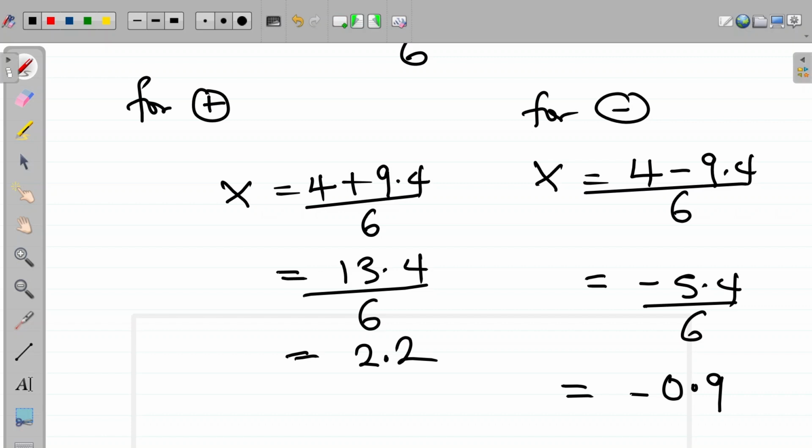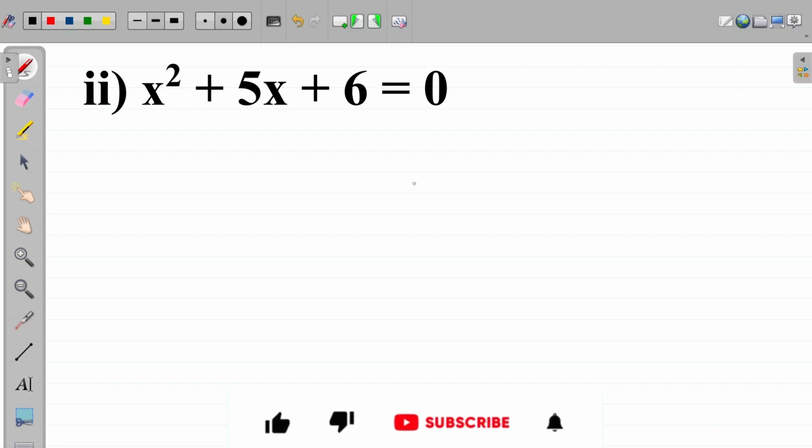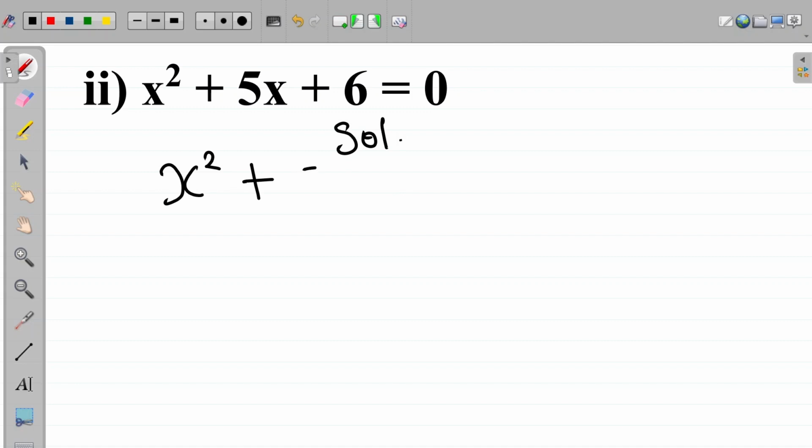Let's take on question number 2. Question 2 says x squared plus 5x plus 6 equals 0.